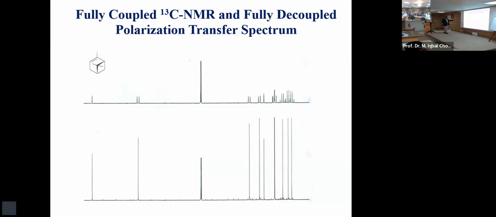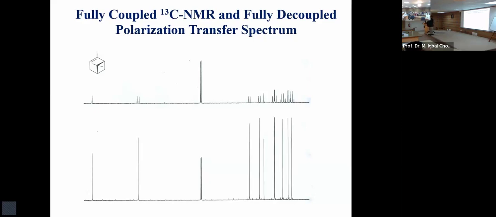Because the first solution was not really a very good solution, to be honest. A broadband proton-decoupled spectrum gives you one signal for each carbon, but then you lose information. You don't know which one is CH3, which one is CH2, which one is CH. You solve one problem, you create another.